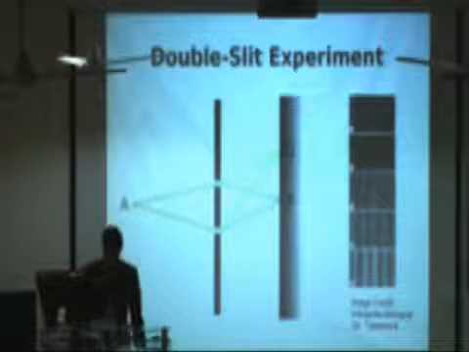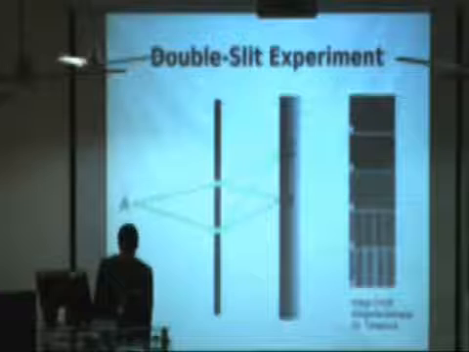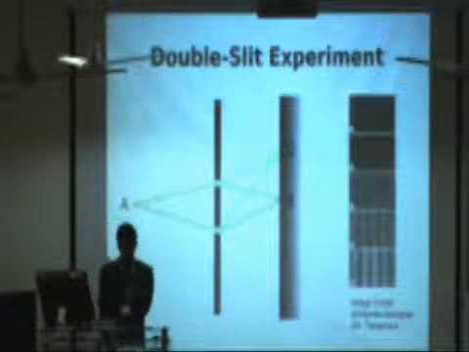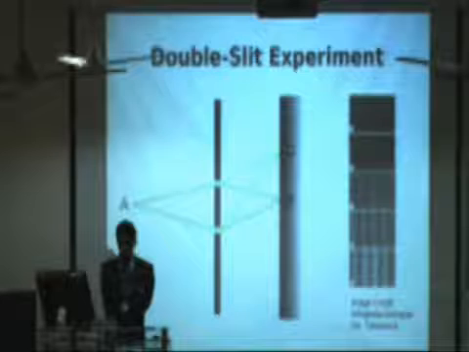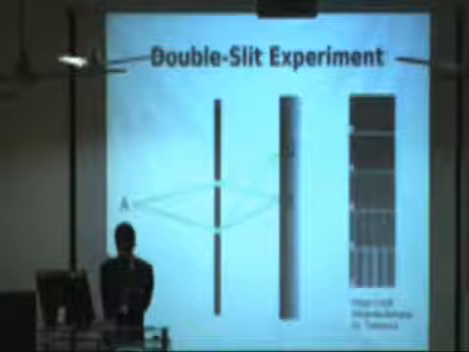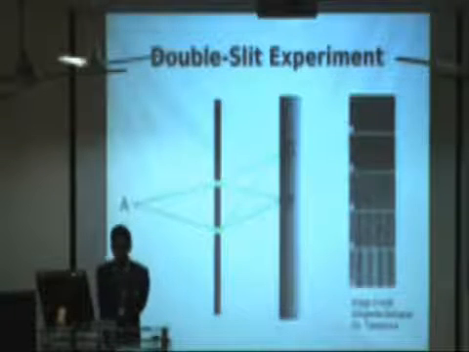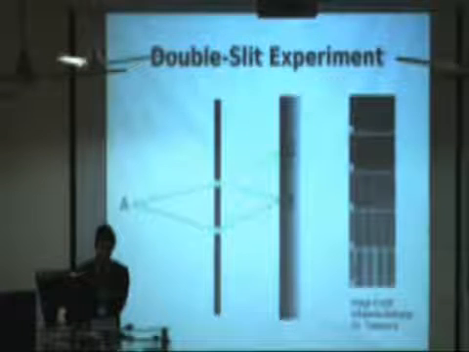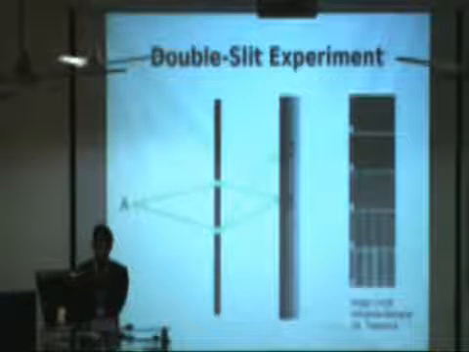And of course, if the electron is a wave, then the wave-like behavior arises from interference between the two paths that the electron could have taken, which in turn implies that you can't answer the question which slit did the electron go through.